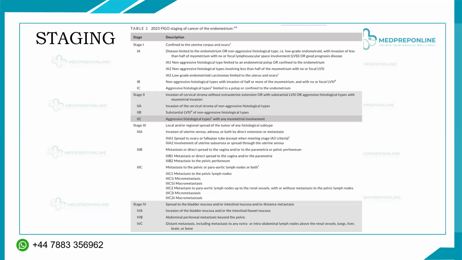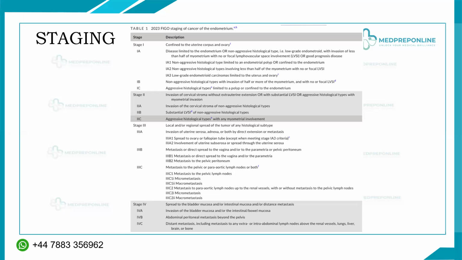Now, stage 3 is direct invasion of the uterine serosa or adnexa. So 3A is again divided into 1 and 2. So 1 is when the spread is to the ovary or fallopian tube, and 2 is when the uterine serosa is involved. Now 3B is when the vagina and the parametrium are involved. So 3B is again divided into 1 and 2. 1 is when the vagina and the parametrium are involved, and 2 is when the peritoneum is involved.